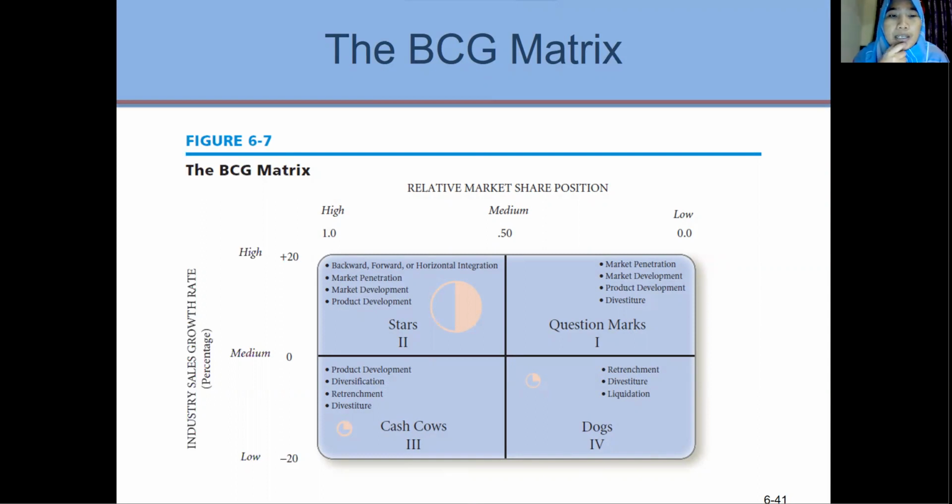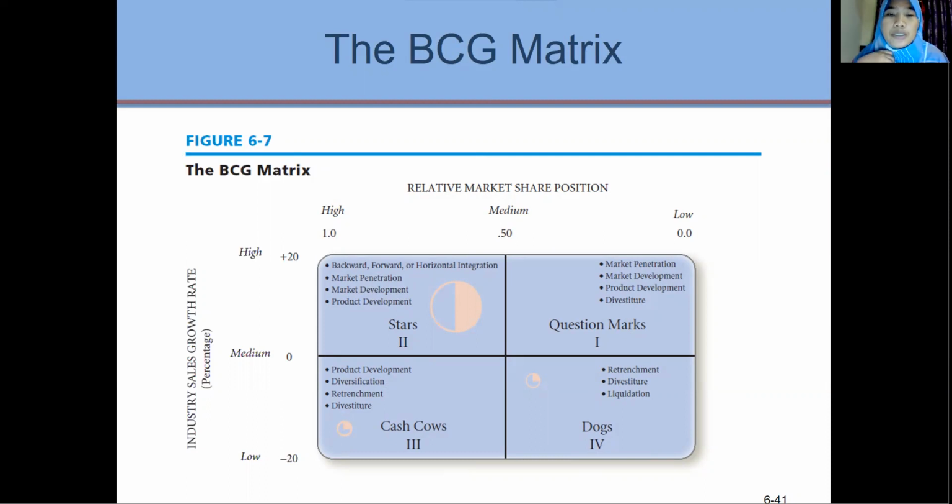Sebab apa? Sebab nak dapat revenue ataupun it's not easy kan. So dalam annual report selalunya just ada the revenue ataupun sales, the sales for the whole company itself. Okay, so maybe you kena buat assumption for each division berapa portion dia dalam sales tu kan. So we see how.